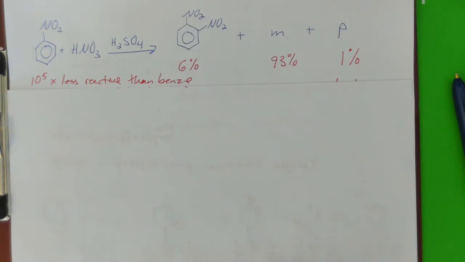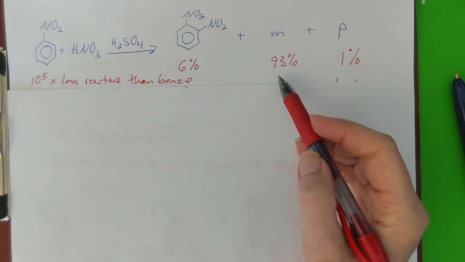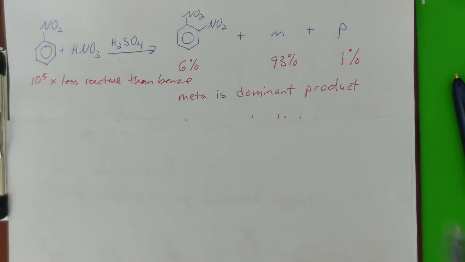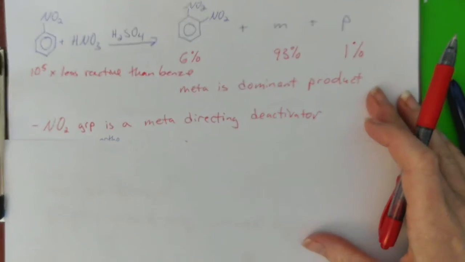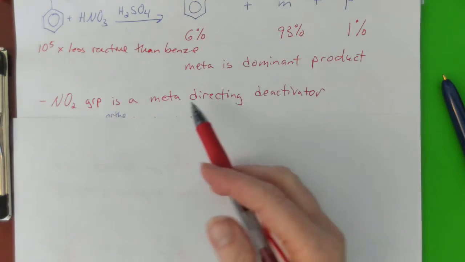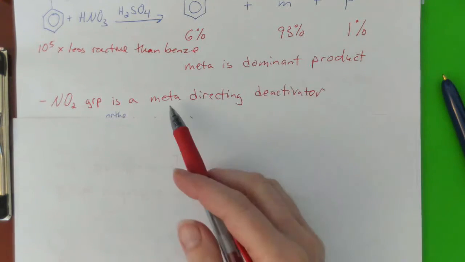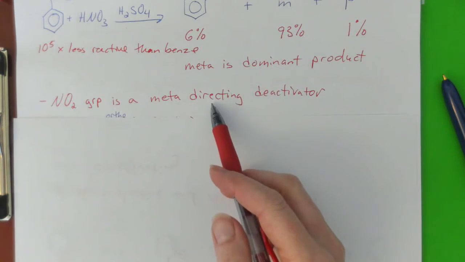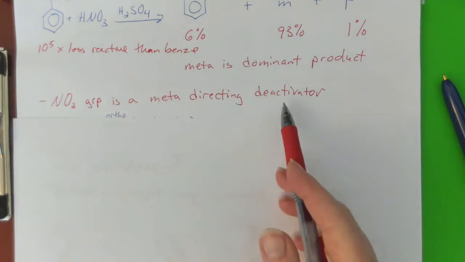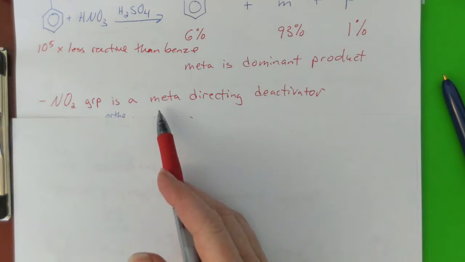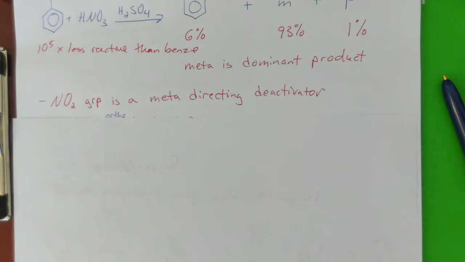So why is the meta product the dominant product? So the nitro group turns out to be, since we get mainly the meta, we say it's meta directing, and we already determined that it's a deactivator. So we can say it's a meta directing deactivator.